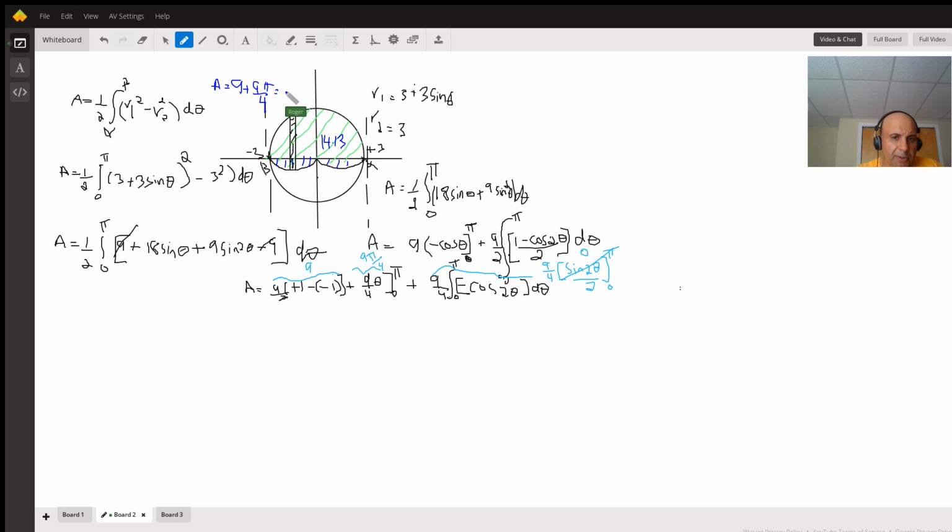And that comes to, if you take a common factor of 4, 36 plus 9 pi over 4. If we compute this, you're going to get 16.08 square units.